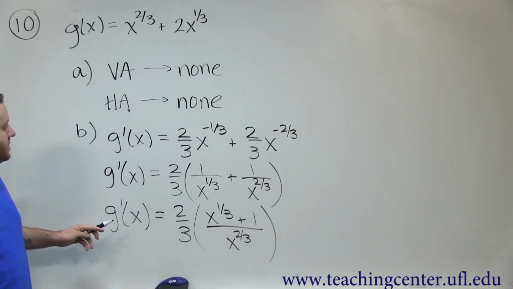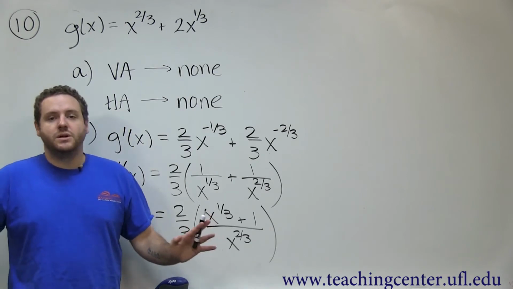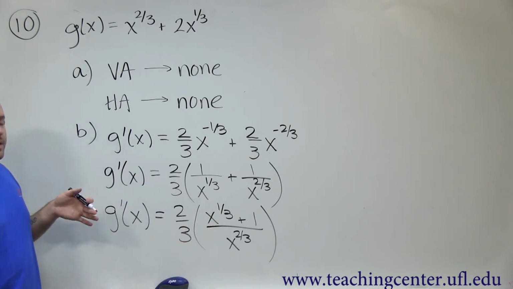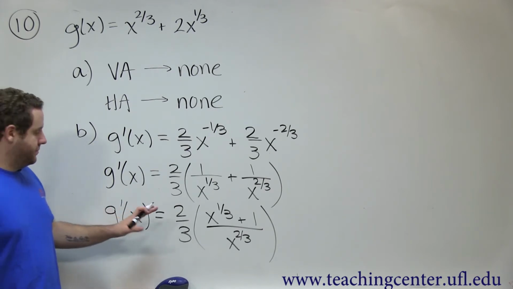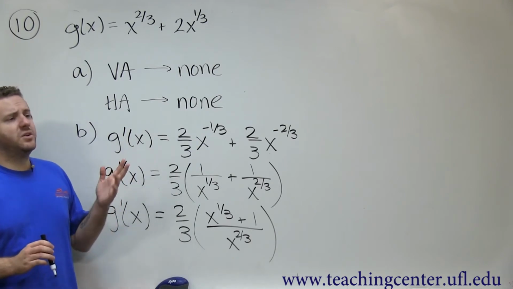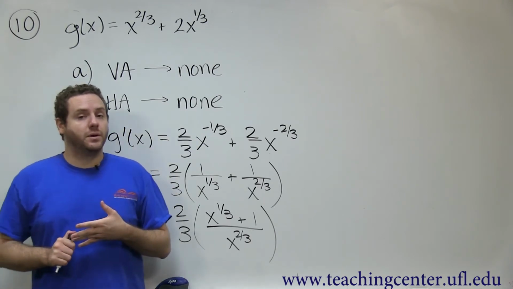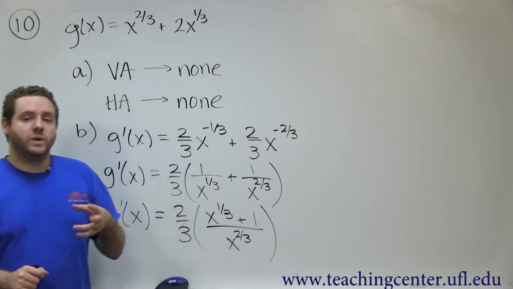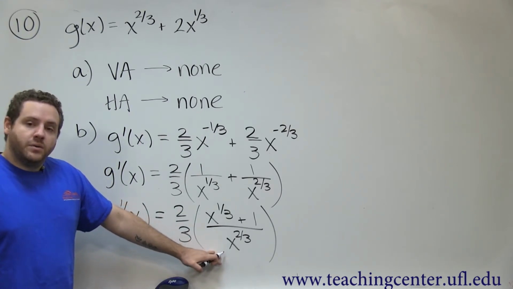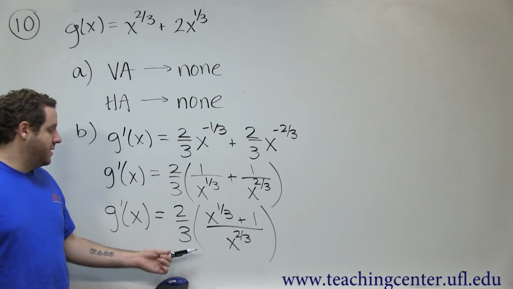So remember, critical numbers are where this derivative would be 0 or undefined. In the previous problem, the number that made the derivative undefined was not in our domain, so that wasn't a critical number. However, in this case, it works out for us. If x was 0, this denominator would be 0.